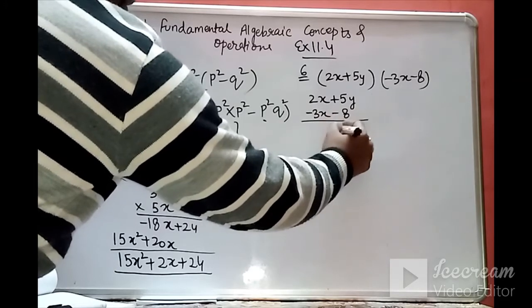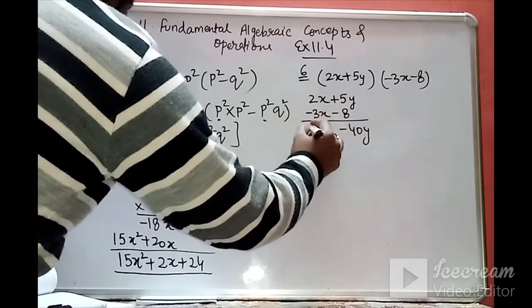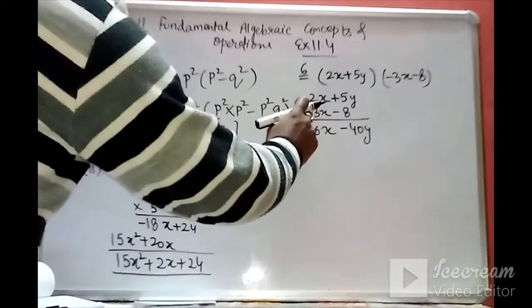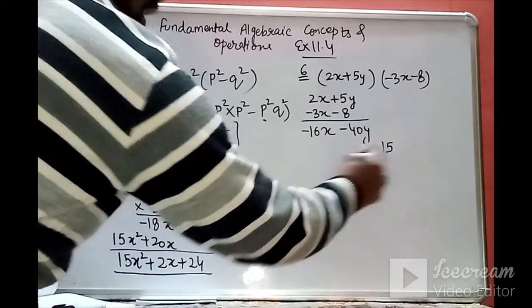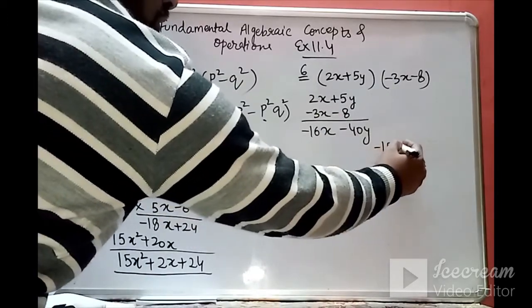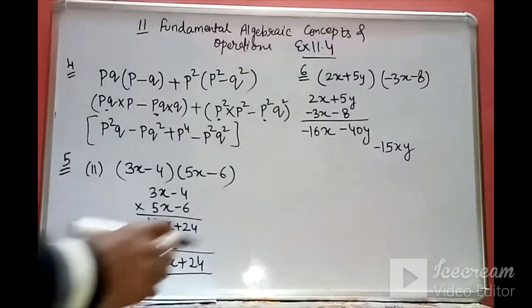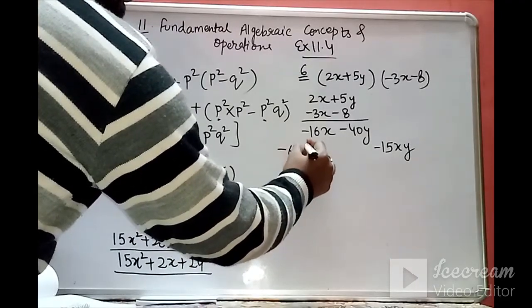So minus 40y, then minus 8 into 2, minus 16x. Now see, minus 3 into 5 is minus 15, and I am writing it separately because this term contains xy. Then minus 3 into 2 is, again I have to write separately, minus 6x square.